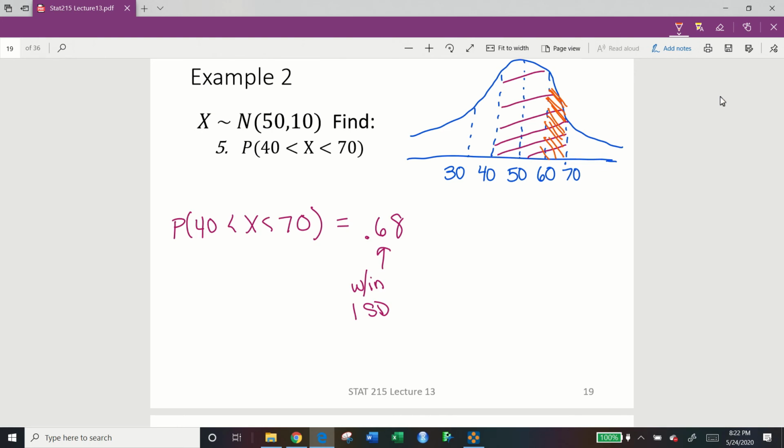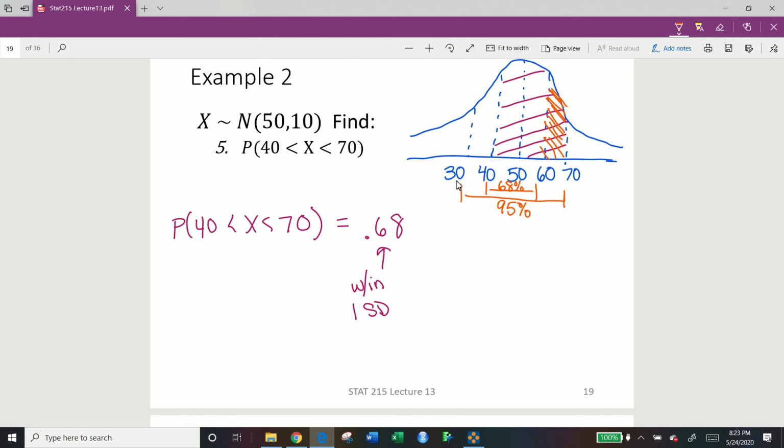Now there's a couple of ways we can do this, but I'm going to stick to using our 68, 95, 99.7 rule. So we know that within two standard deviations, we have 95% of our data, and within one standard deviation, we have 68% of the data. So what we did before when we were trying to find the percentages on either side, we subtracted from 100. So instead of doing that, I'm going to subtract from 95.